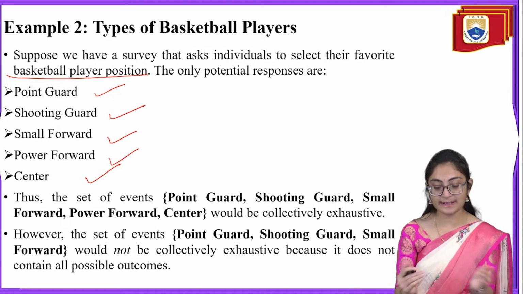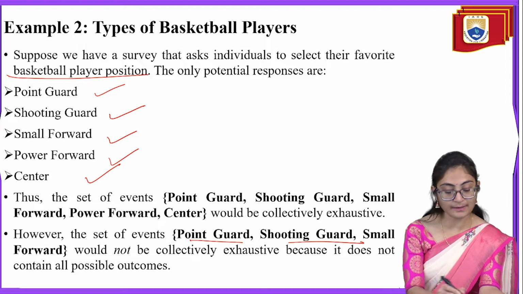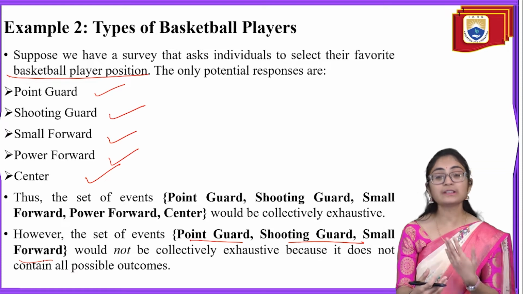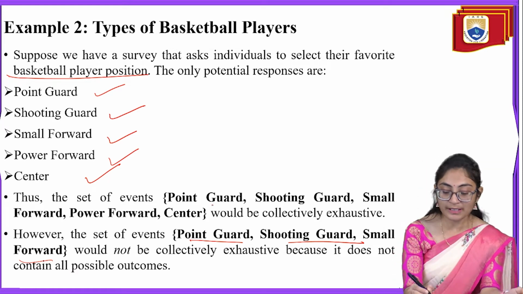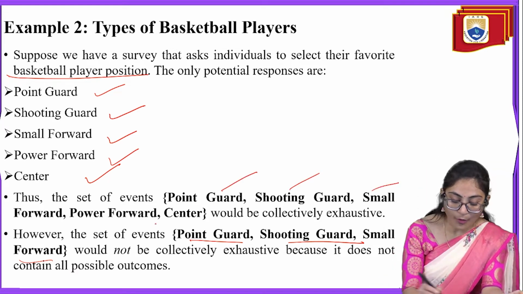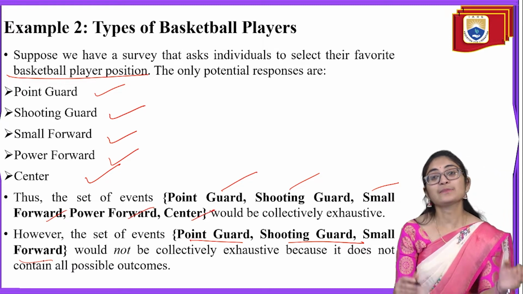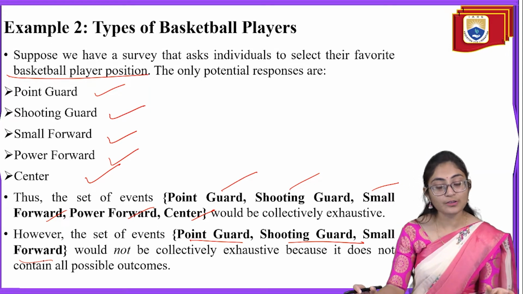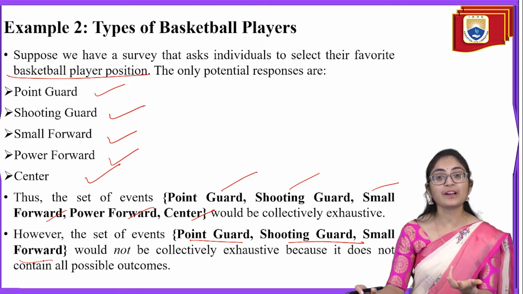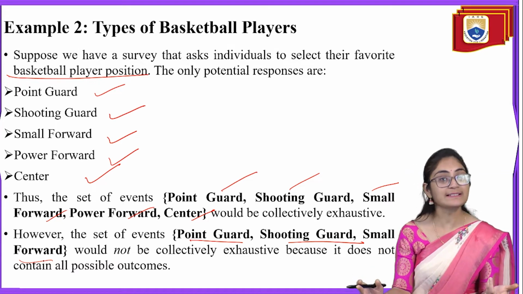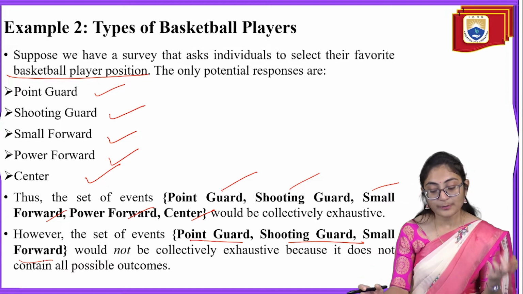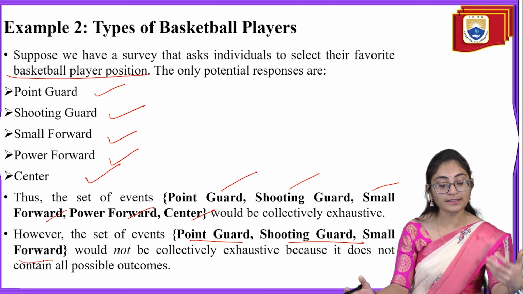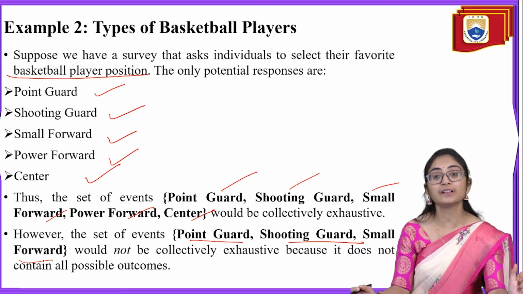However, a set of events like point guard, shooting guard, or small forward would not be collectively exhaustive because it does not contain all possible outcomes. If we take only three in the set, they are not collectively exhaustive because there are another two chances to get the other two values.